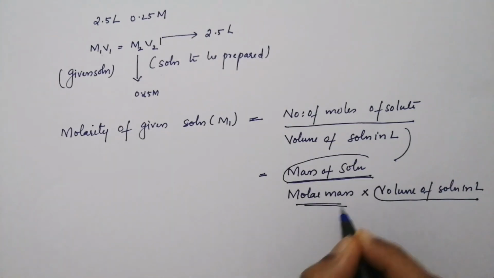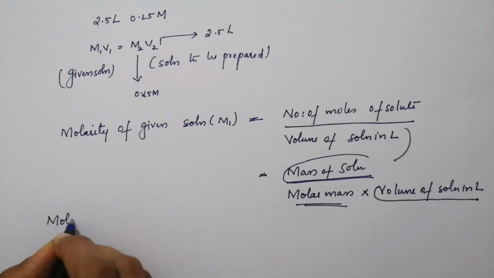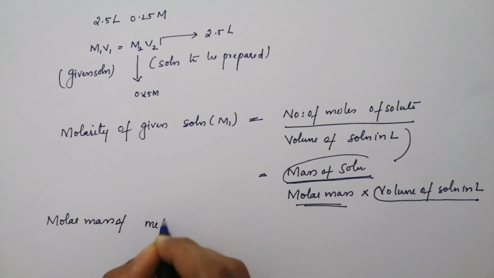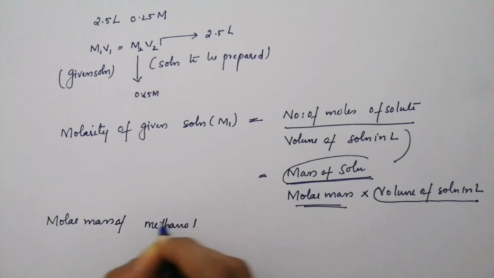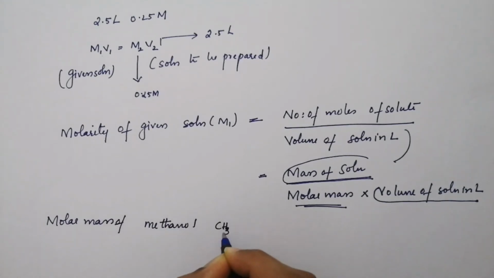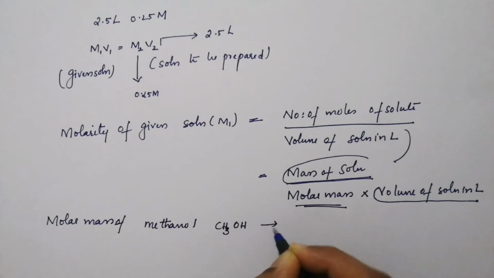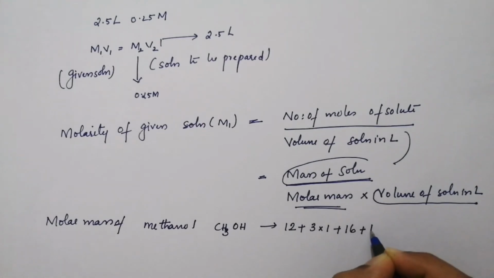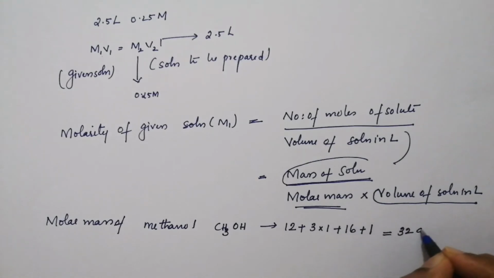So here we are going to calculate the molar mass of methanol. Methanol is CH3OH. So it is atomic mass of carbon plus 3 into atomic mass of hydrogen plus atomic mass of oxygen plus atomic mass of hydrogen, which is giving us 32 gram per mole.